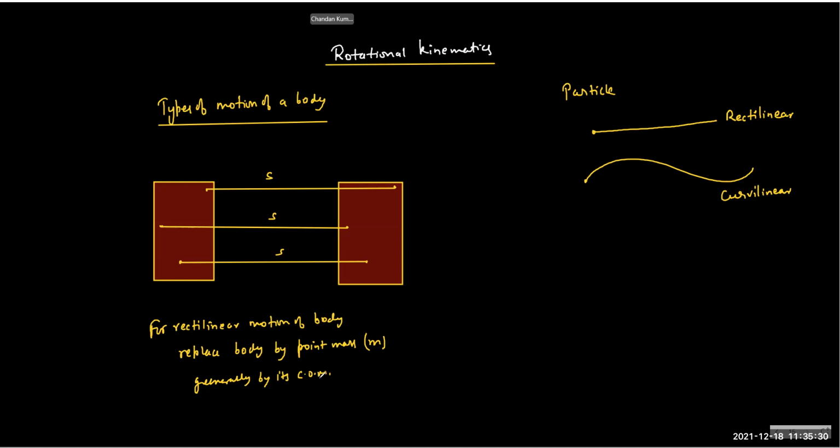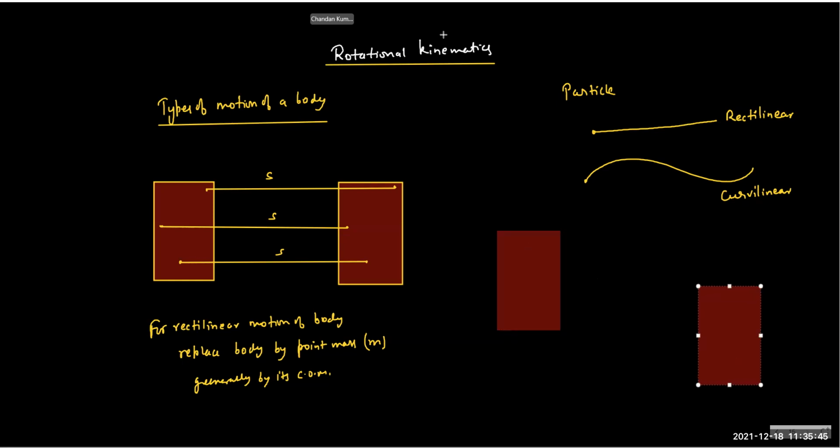So the next is what is curvilinear motion of a body. If you have a body, now when I say curvilinear, every point will travel on a curved path.